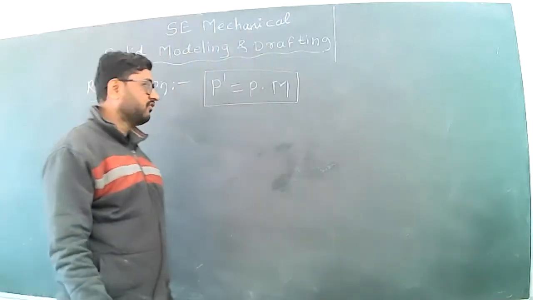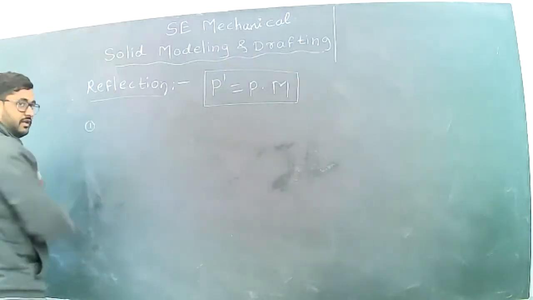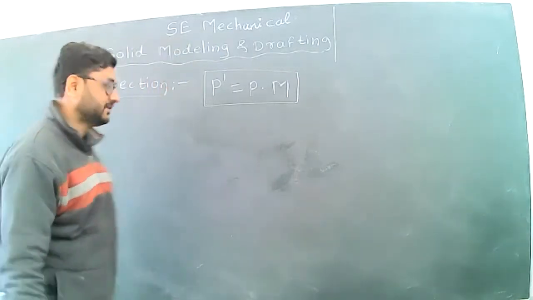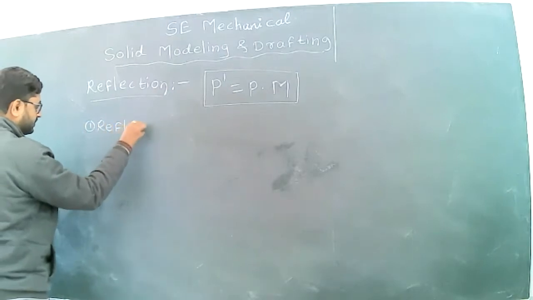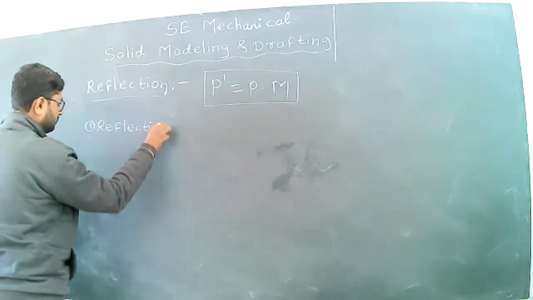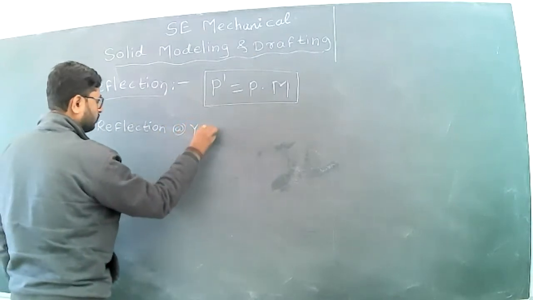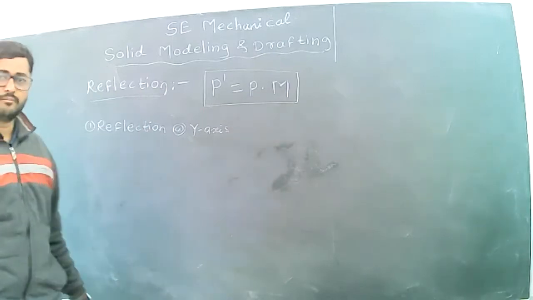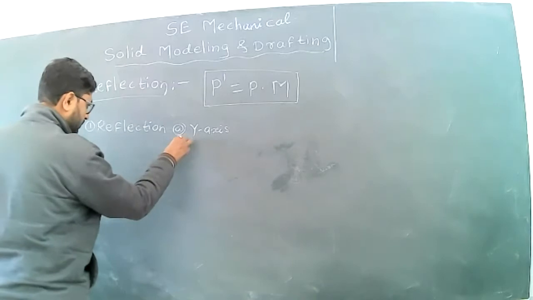We'll take them one by one. First condition is reflection about the y-axis. We'll take a simple example of reflection about the y-axis.